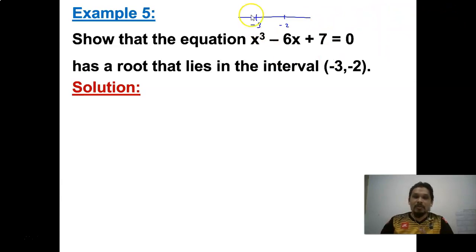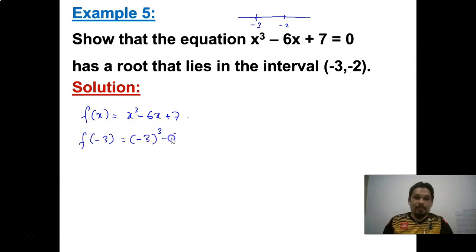We would like to see whether there's a root that lies in between -3 and -2. Before that we need to test this, so we form f(x) equal to x cubed minus 6x plus 7. Now let's test this function with -3.